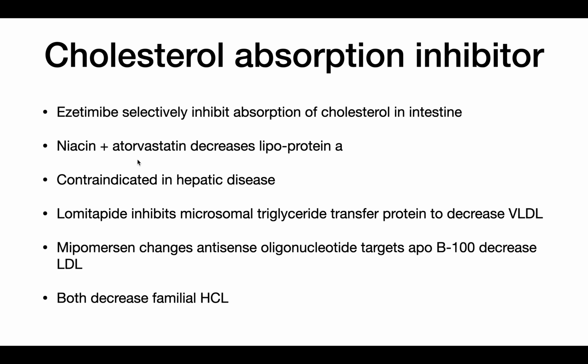Why? Because niacin has the hepatotoxicity, and atorvastatin is going to affect HMG coenzyme A reductase, which is in the liver. So in liver disease, it's already malfunctioning. You don't want to add something to increase the oxidative strain.